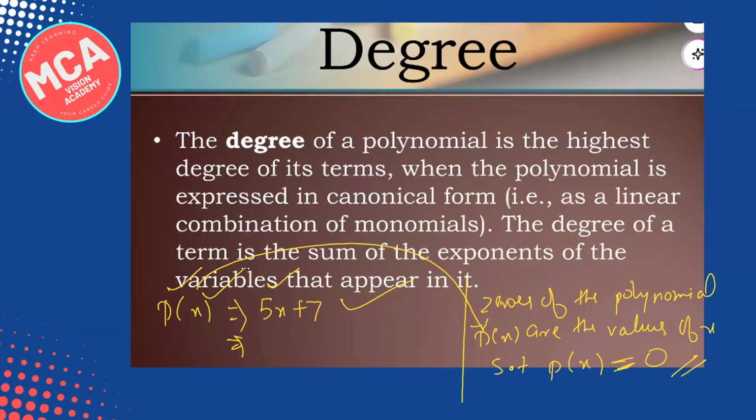चलो, x का वैल्यू यहां पर निकाल के मुझे दे दो कि आपका p ऑफ x 0 होना चाहिए. तो x का क्या वैल्यू हो सकता है कि आपको p of x का वैल्यू 0 मिले? Come on, guys.